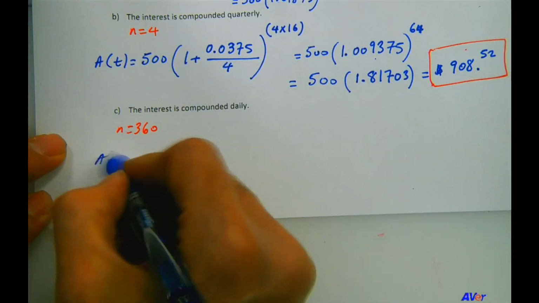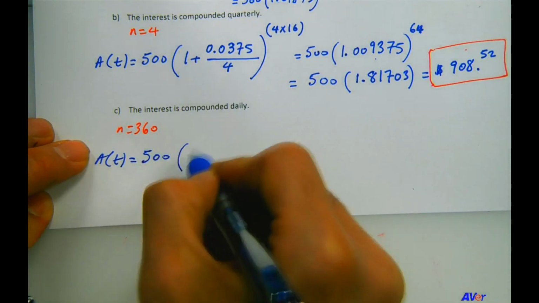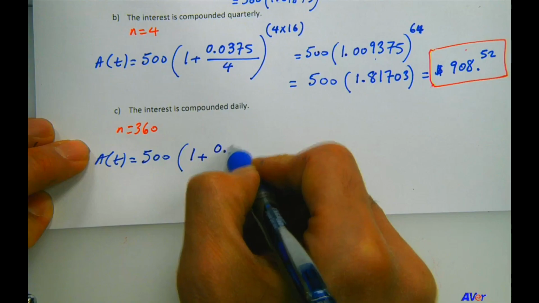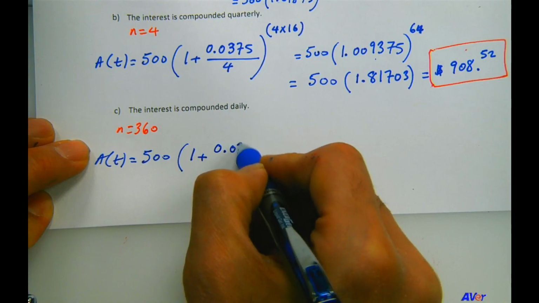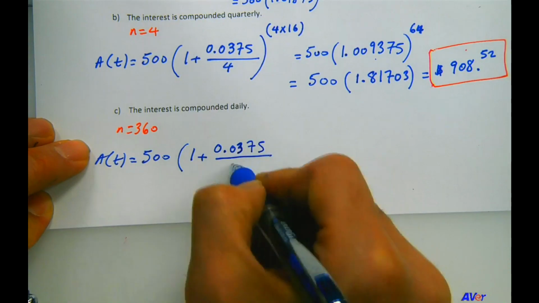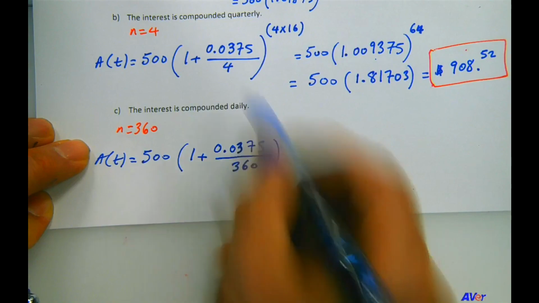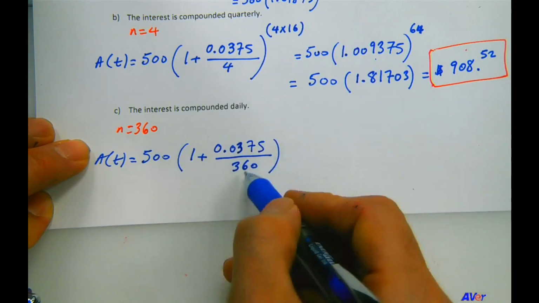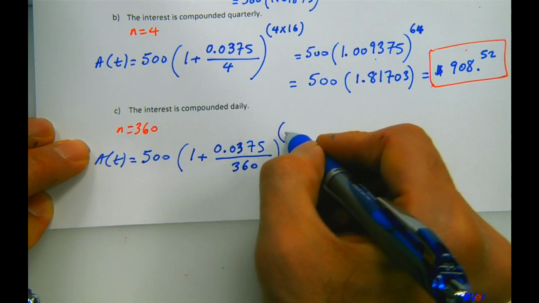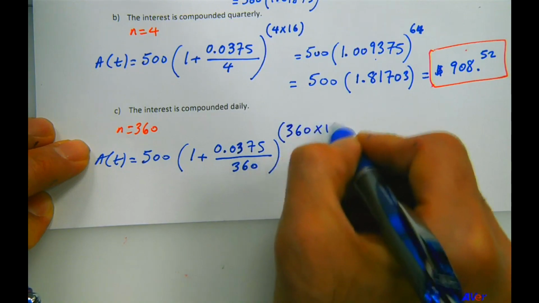Okay, so then we have the future value is equal to 500 times 1 plus, the interest rate didn't change, so we still have 0.0375 divided by 360, right? That's N, no more 4 or 2, 360. To what power? To 360 times 16.